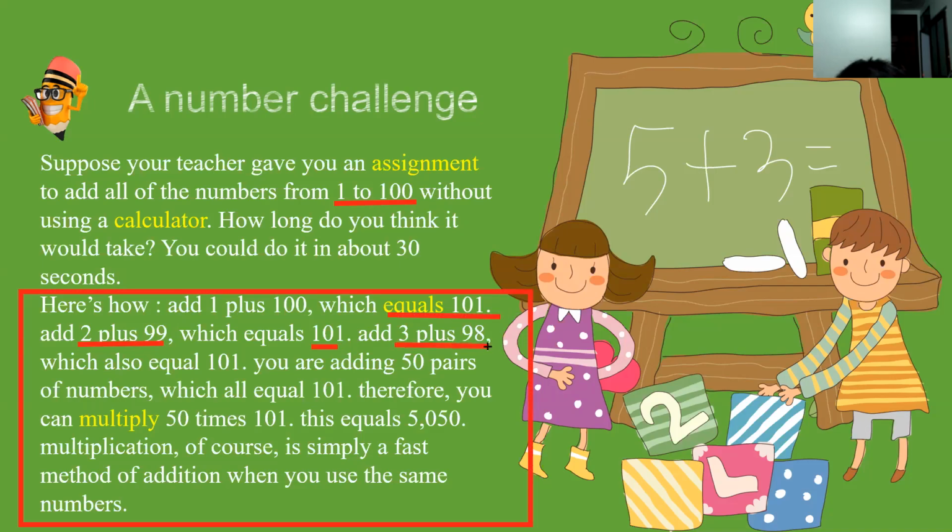Add 3 plus 98, which is also equal to 101. Now, you are adding 50 pairs of numbers which all equal 101. Therefore, you can multiply 50 times 101. This equals 5,050. Okay? Multiplication, of course, is simply a fast method of addition when you use the same numbers.